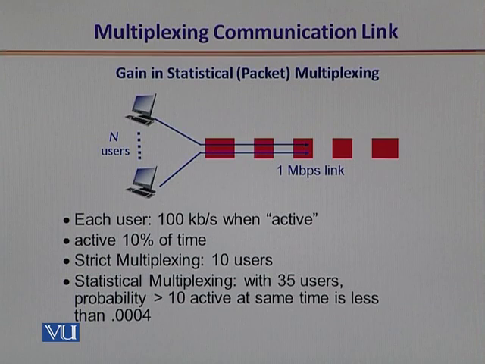What we understand is that a system of strict multiplexing that can afford only 10 users can be made to accommodate 35 users, and the users wouldn't find the network much occupied and would have the chance to get their data delivered, because the probability that all the users are active all the time gets to be very low.